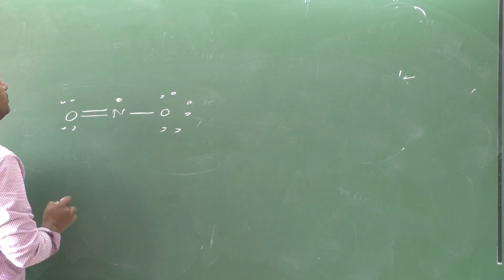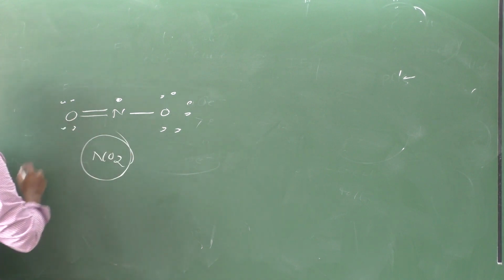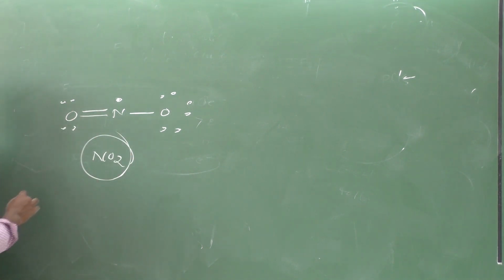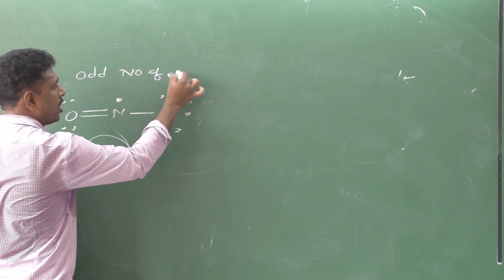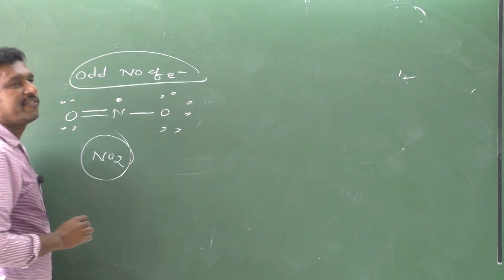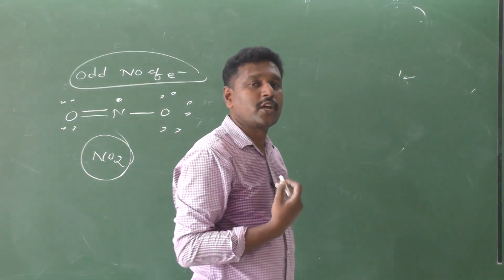One more electron here. So this NO2, nitrogen dioxide, is also an example for the odd number of electrons molecule.